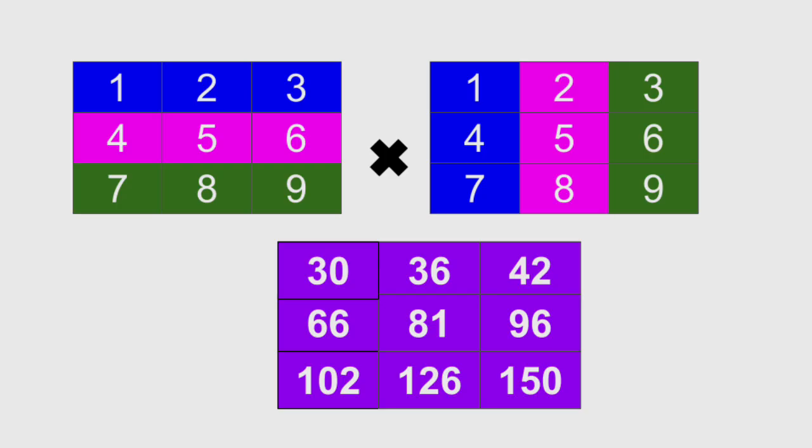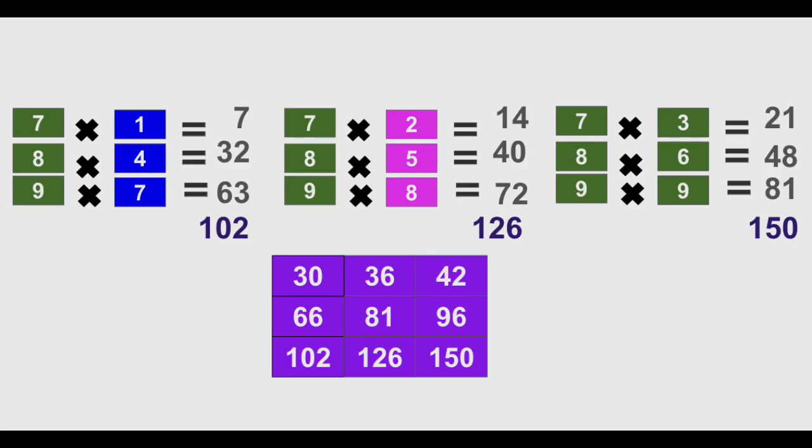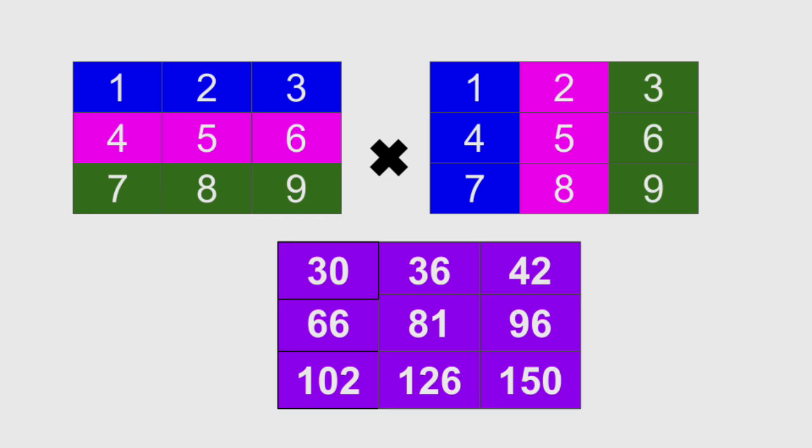Take the pink row, multiply it by the 3 columns, then plug the output into the next row of C. Then we do the last one. Now we've done all 3, and we have all the values to plug into the output matrix.